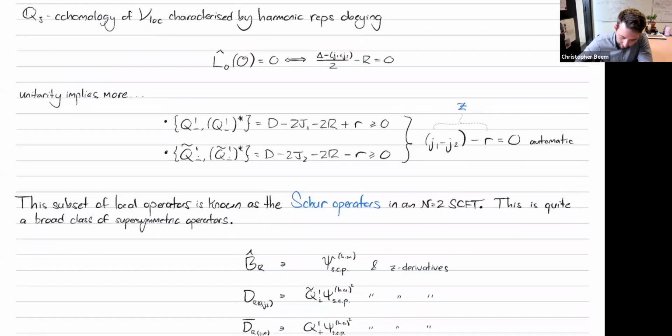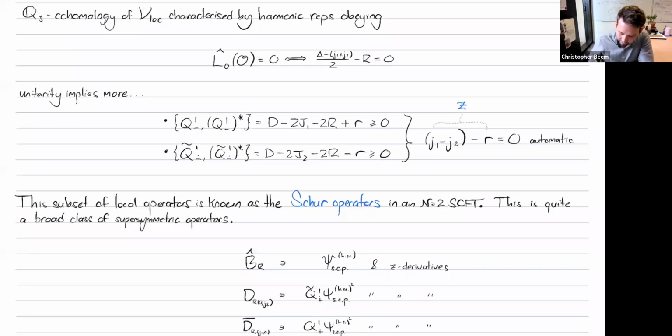And a little bit of N equals 2 superconformal algebra shows that this quantity is the sum of two non-negative numbers. There's two other Q commutators that you can take, whose right-hand sides are non-negative, and their sum gives you this quantity. So if this quantity is equal to 0, then two things are equal to 0, and you get another condition: J1 minus J2 minus R is equal to 0.